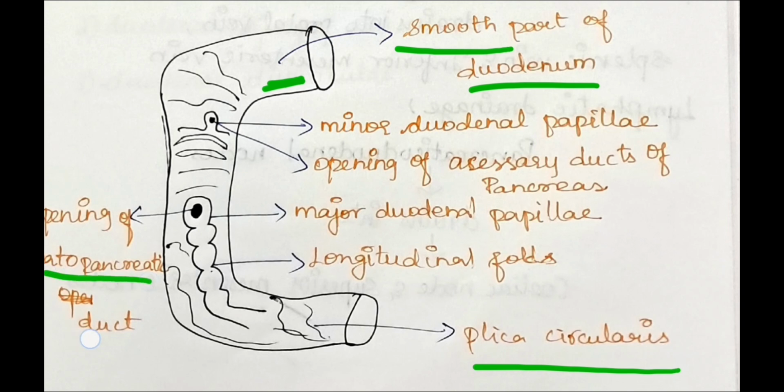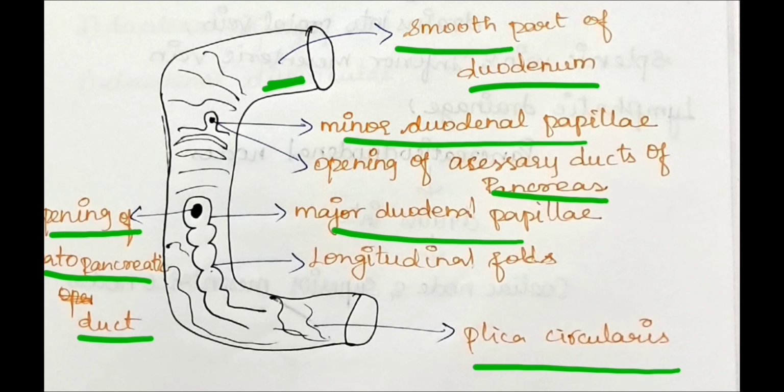One is the hepatopancreatic duct opening, and the other is the opening of the accessory duct of pancreas into the second part of the duodenum. The accessory duct of pancreas opens into the minor duodenal papilla, whereas the hepatopancreatic duct opens into the major duodenal papilla. Okay, so these are the longitudinal folds. These are the major features of the interior of the duodenum. So the openings are main, and where it opens in the papilla, that's main.